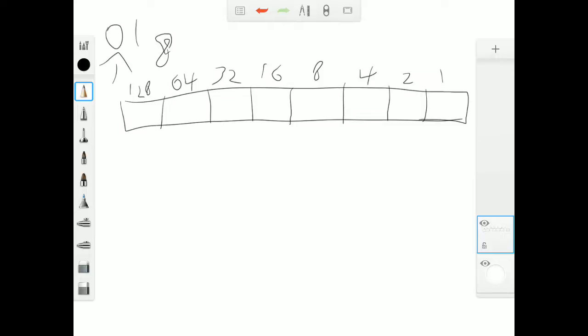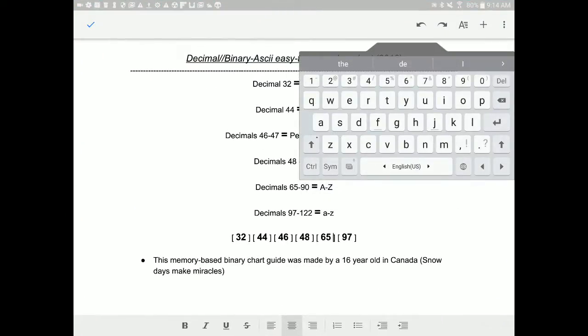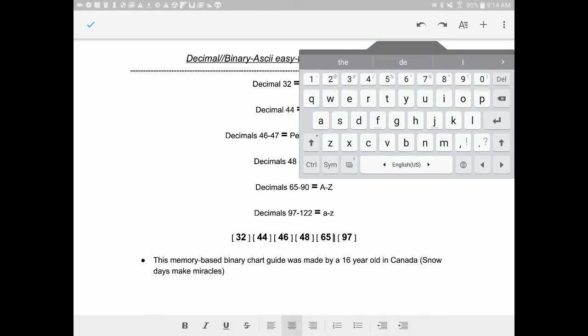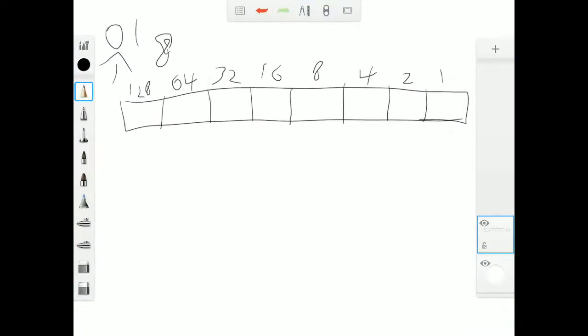So here's how we go. If we go back to the numbers here and what they do, let's say I want to say hello to someone. So I have to obviously start with an H. And based on how people do it normally, we're going to start with a capital H. Capitals are what again? 65 and up.